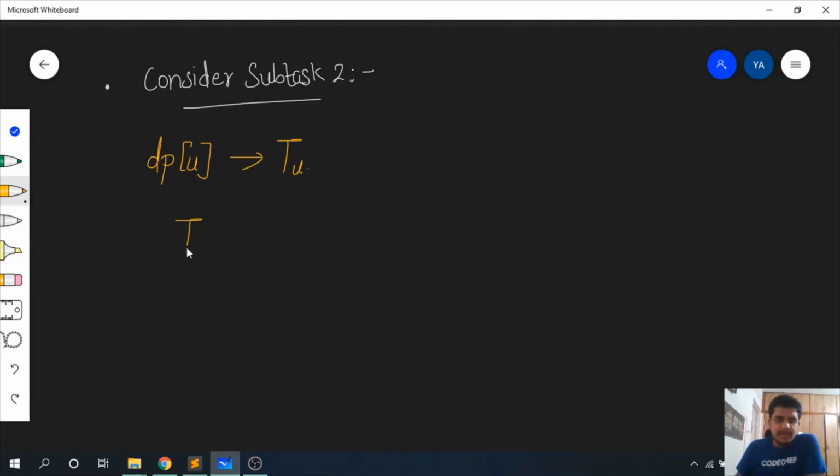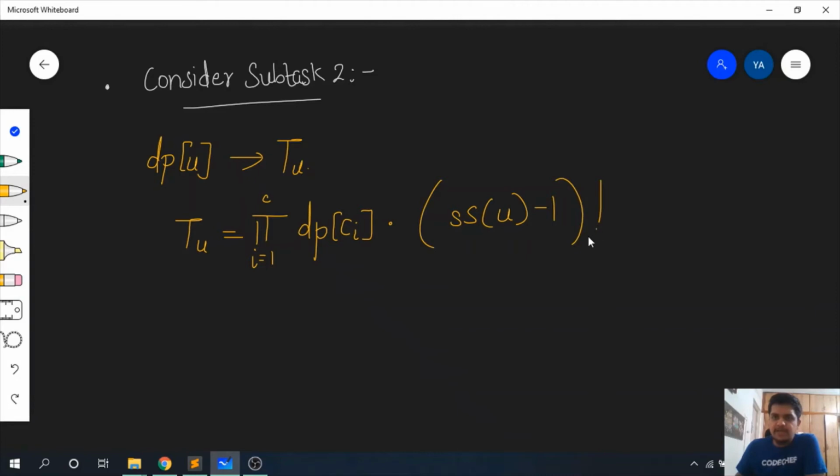So tu is equal to the product of i equal to 1 to c of dp of c of i, into ss of u minus 1 factorial. We already discussed that ss is just an abbreviation I'm using for subtree size.